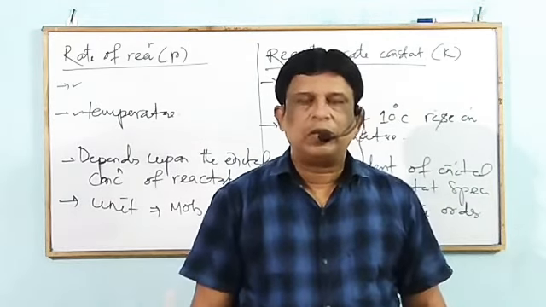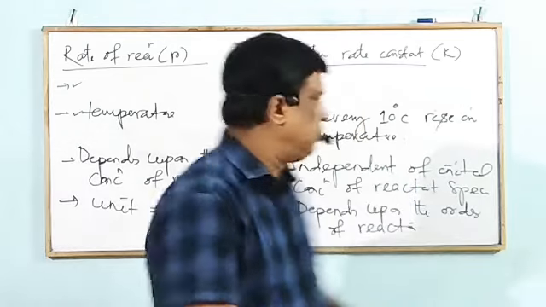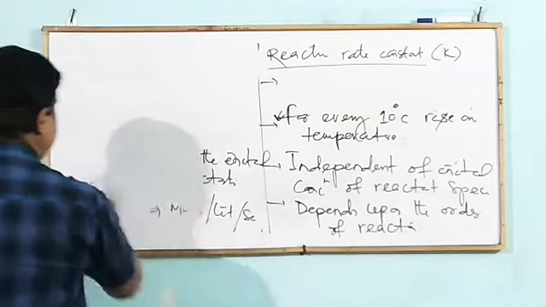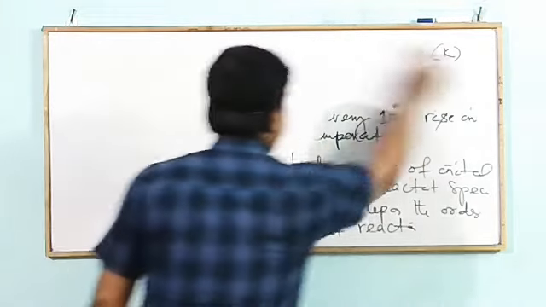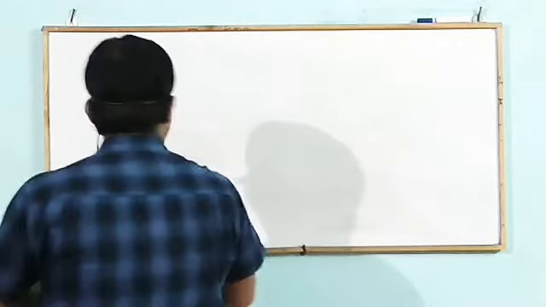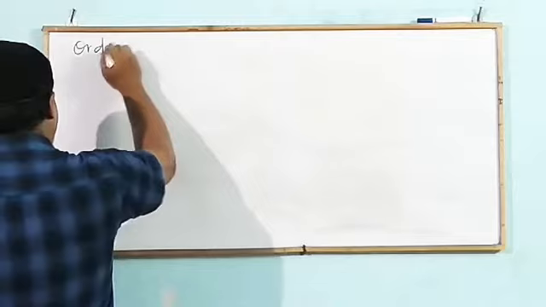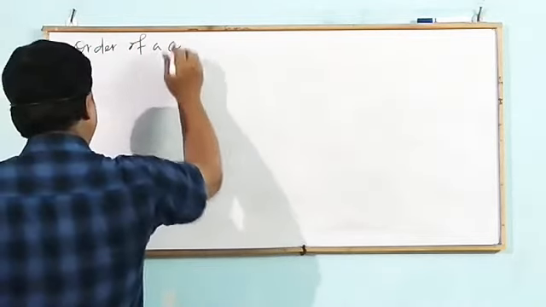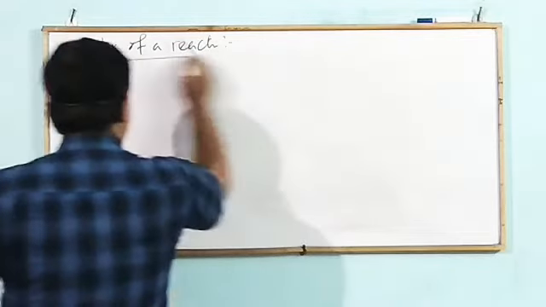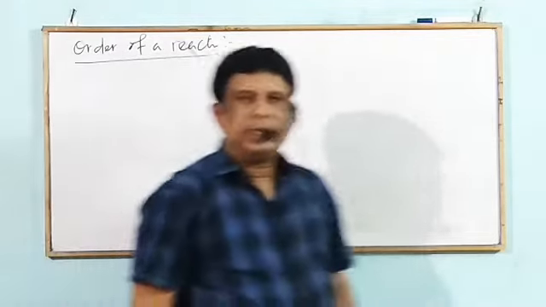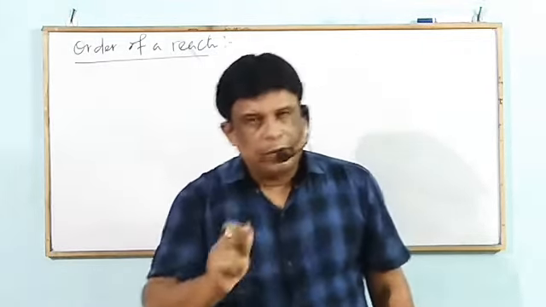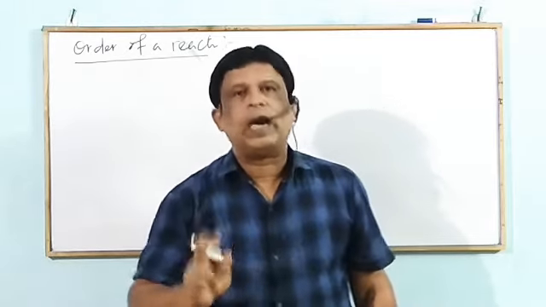Next, we discuss what is order of a reaction. Very important one. In chemical kinetics, in this chapter, two terms are there: one is order of a reaction and one is molecularity of a reaction.